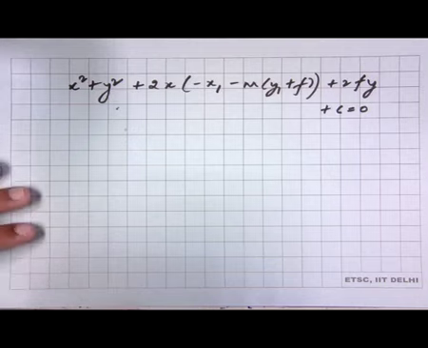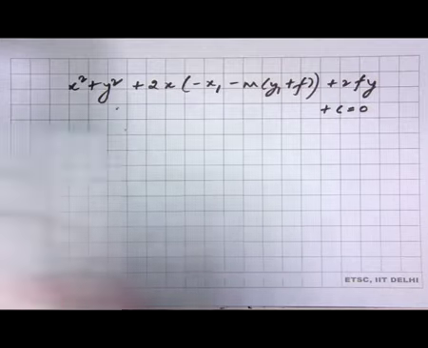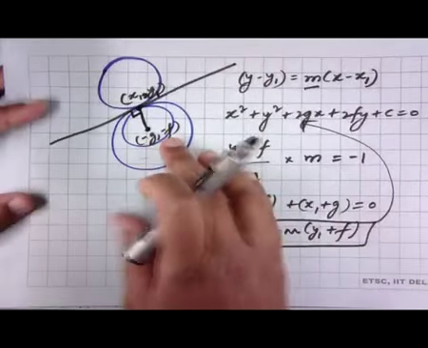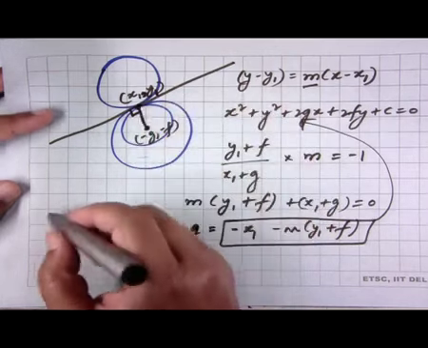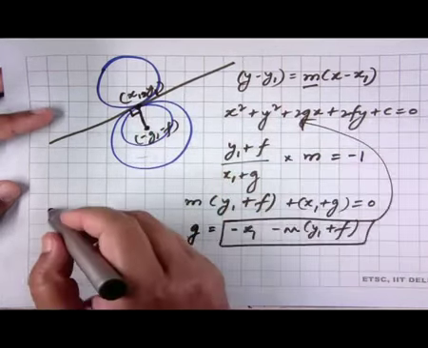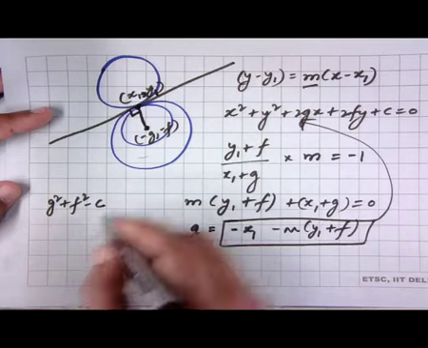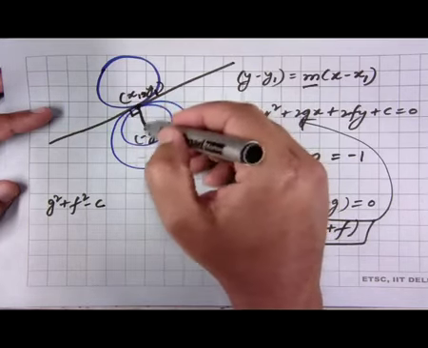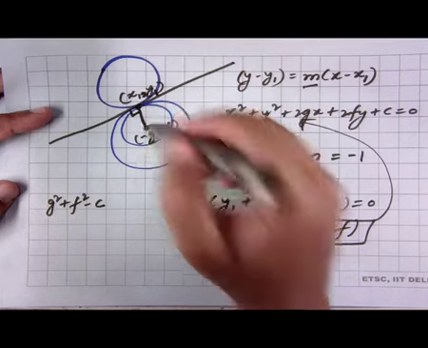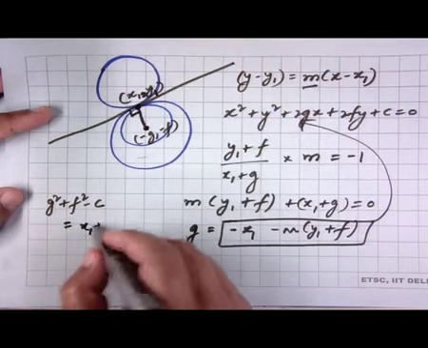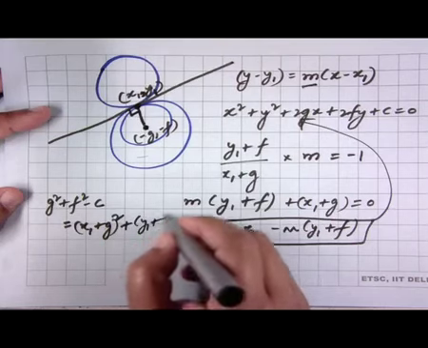But we also know that since the center is minus g, minus f, the squared radius of this circle, from this equation, is g square plus f square minus c, and just by looking at this figure, the squared radius is the squared Euclidean distance between this point and the center, which is x1 plus g whole square plus y1 plus f whole square.